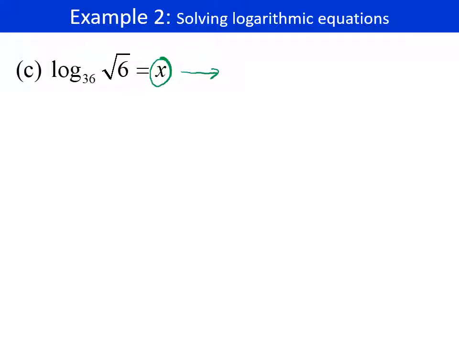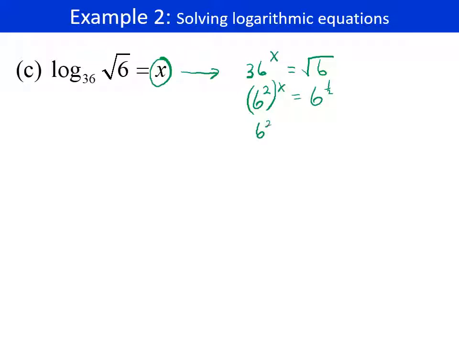Using our same transformation formula, the base is 36, the exponent is x, and the other number is the square root of 6. The square root of 6 is the same as 6 to the 1/2. 36 is the same as 6 squared.